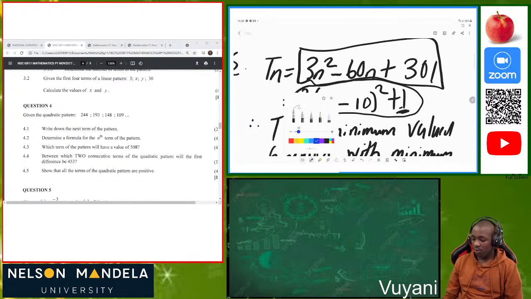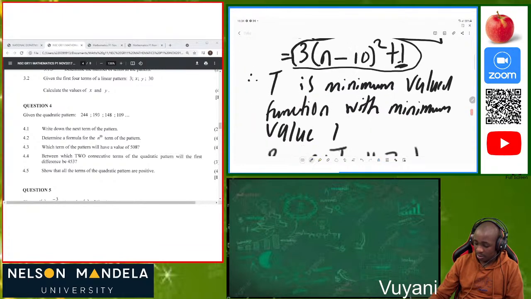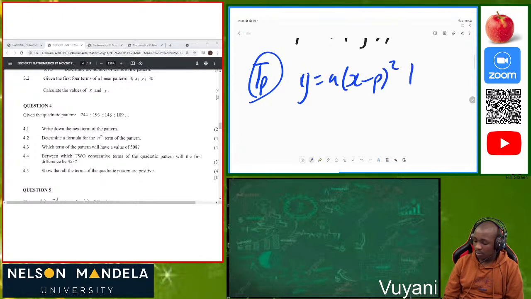We completed the square so that we can end up here. Let me just write the TP formula for a parabola so that we don't get confused: y is equal to a open bracket x minus p close bracket all squared plus q. So you complete the square if you are given the standard formula.